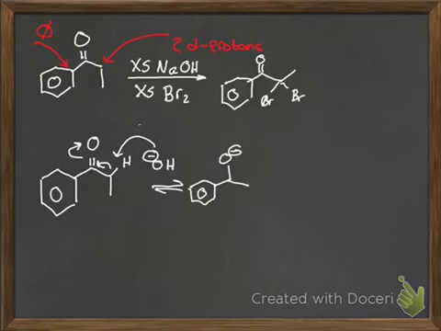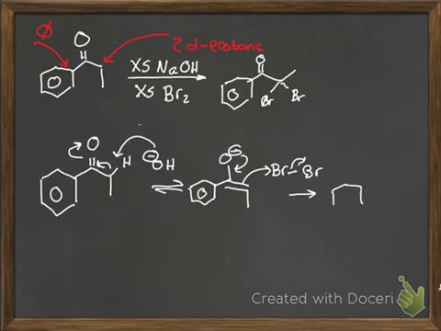And we're here. Now, the bromination: reform the carbon-oxygen pi bond, attack the bromine, cleave off the other side, and we're here.